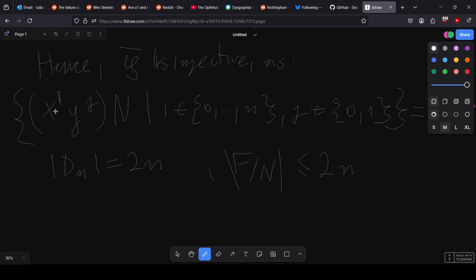This is specifically because we have n minus 1, actually, possibilities to choose for i, and we have 2 possibilities for j.